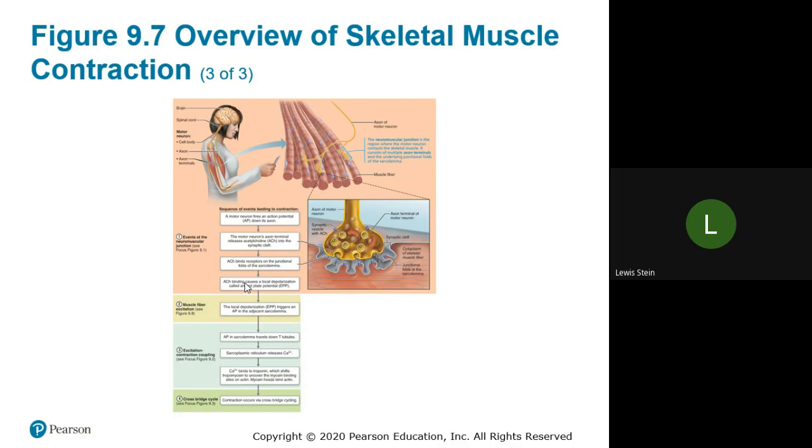So effectively, we get a phenomenon called summation. We sum up those effects. So it binds and it causes an end plate potential. You're going to see there's a different type of reference to the same phenomenon when nerve talks to nerve, if you will. The local depolarization will trigger an action potential if it reaches threshold.